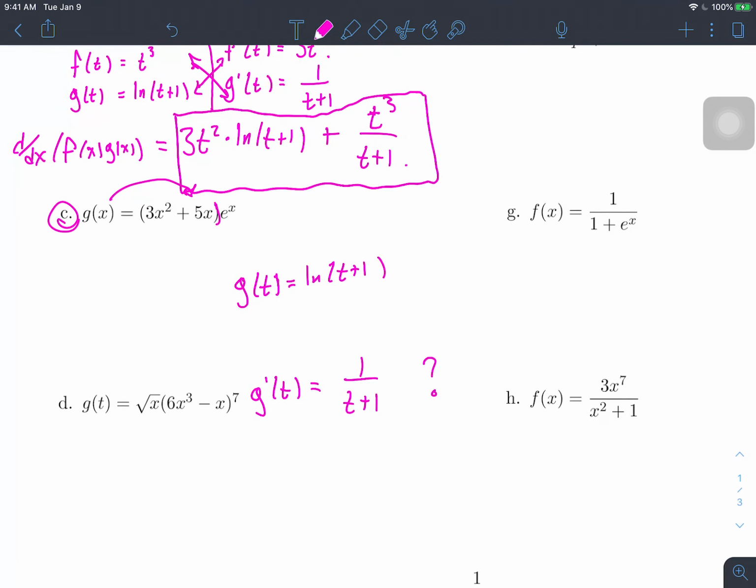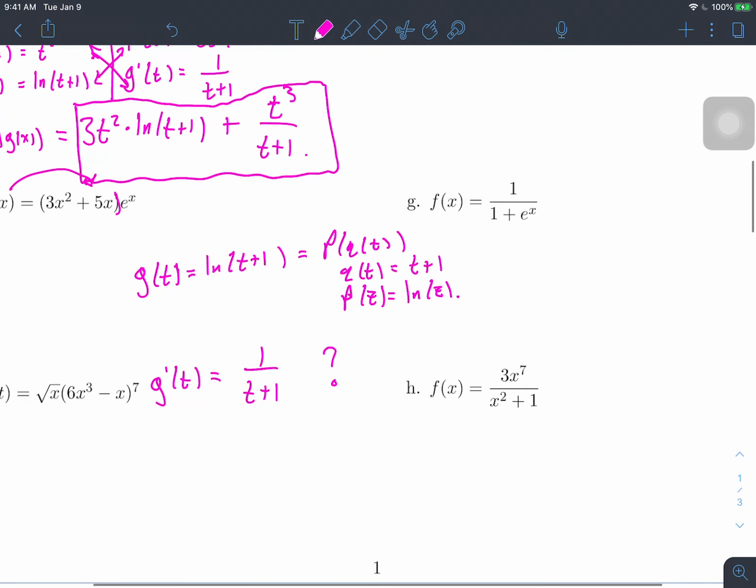The answer is that g of t is itself a composition of functions. We can write this as p of q of t, where q of t is the inner function, it's t plus 1, and p of z is the outer function, it is ln of z. So this is more chain rule stuff.